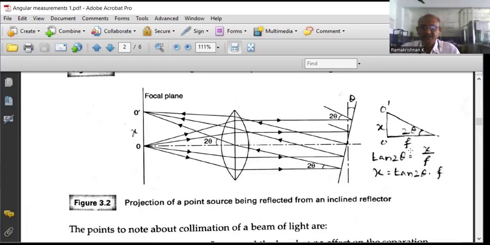Considering the tan of the angle, tan 2 theta equals opposite divided by adjacent, so tan 2 theta equals x by f, and x equals f tan 2 theta. When the angle is very small, tan 2 theta can be written as 2 theta, so x equals 2 theta times f. By this formula, the distance x can be measured easily, so it is an indirect measure of the angle deviation. This is the principle of autocollimation.